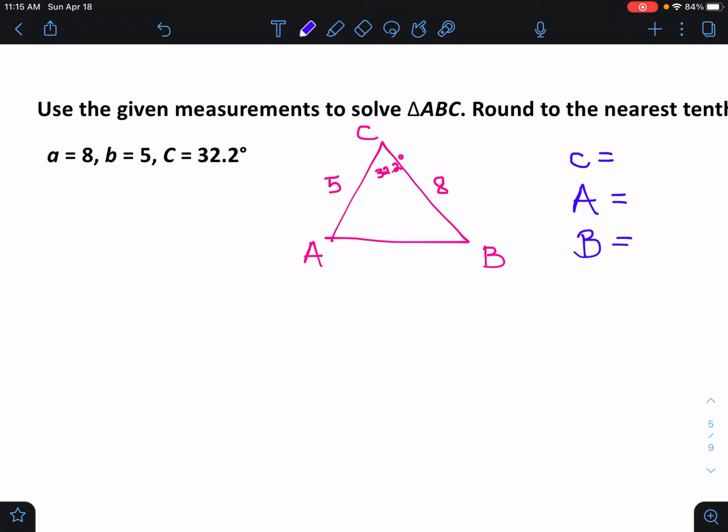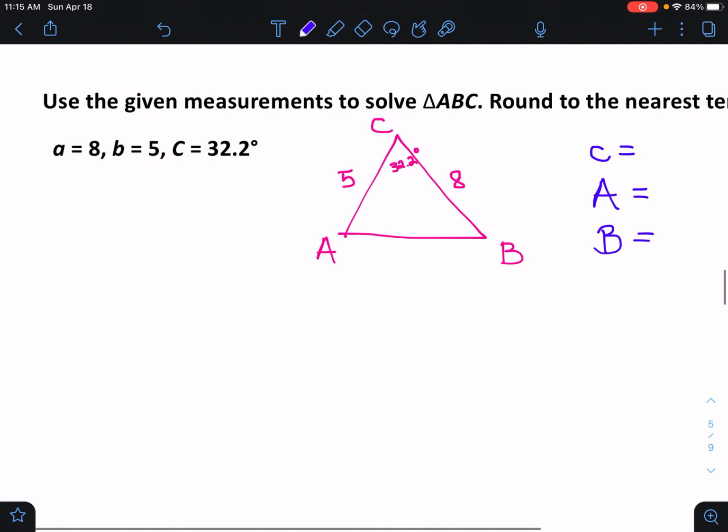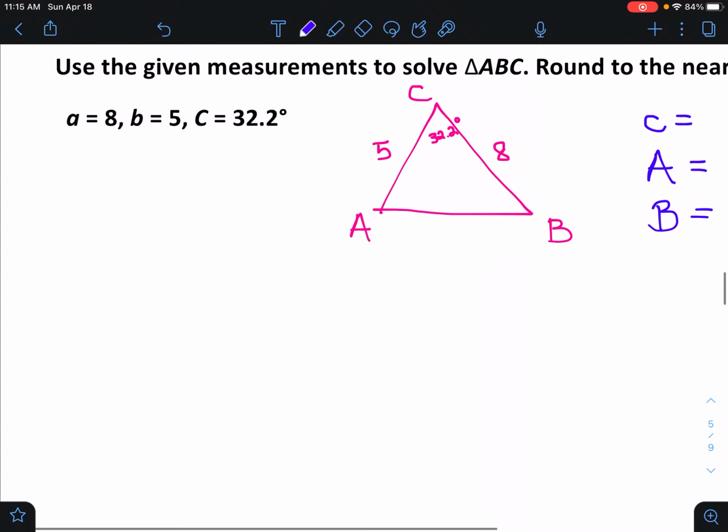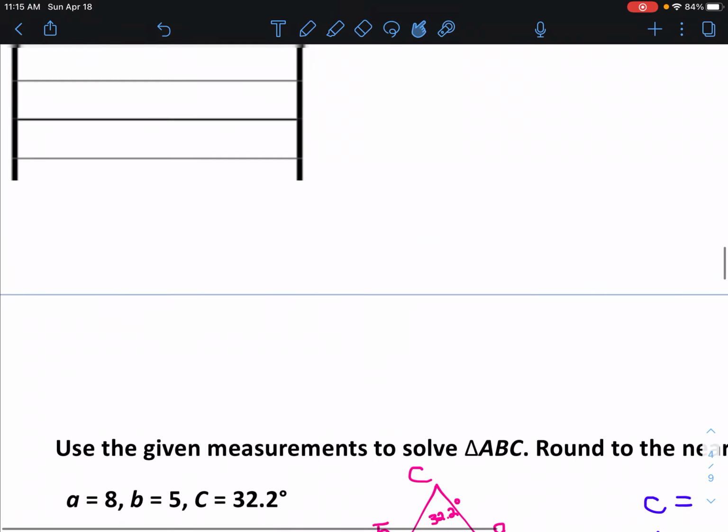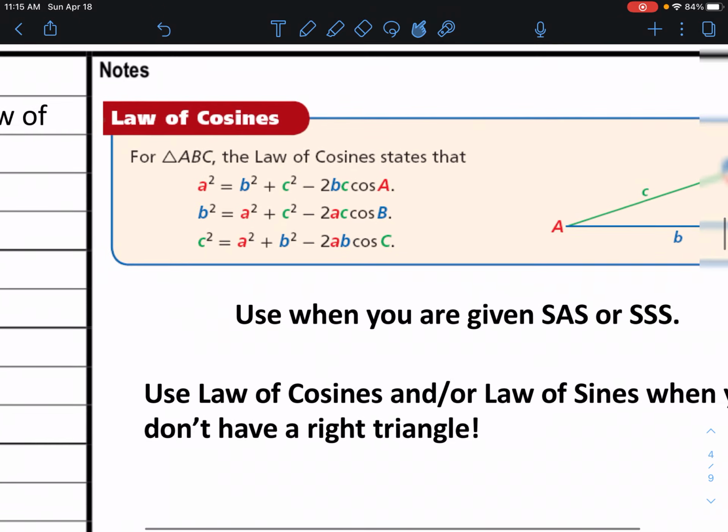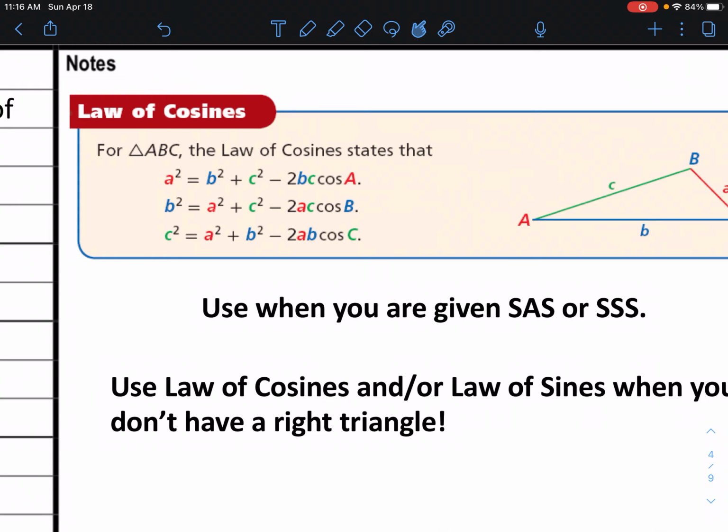So I'm trying to find side C. In order to use the law of cosines formula, I'm going to start with c squared. Now these letters are going to change depending on what you have, but since our triangle is ABC as well, I can use this same thing.